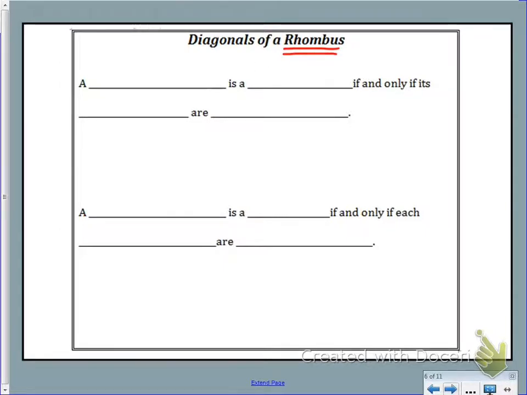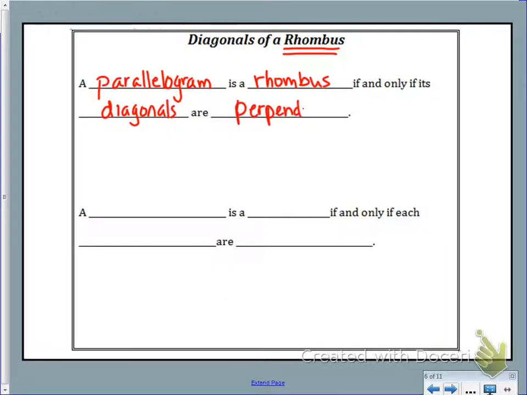The diagonals of a rhombus is basically telling us that a parallelogram is a rhombus if and only if its diagonals are perpendicular. So go ahead and draw a picture below that. So this parallelogram is only going to be a rhombus when the diagonals are perpendicular to one another.